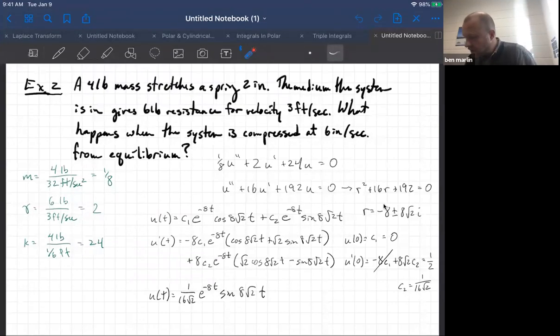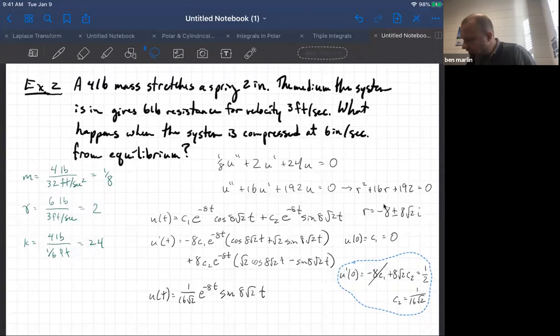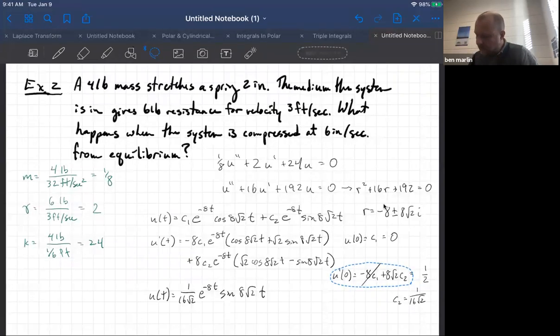So then the other portion of it here is saying that we want to be compressing it at 6 inches per second, and that I should have written as a negative 1/2 foot per second.